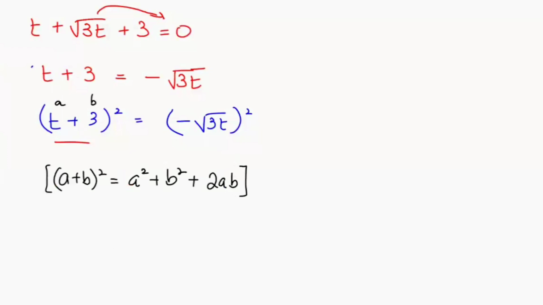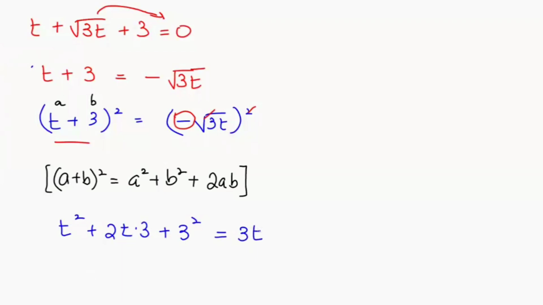And here we get t squared plus 2 times t times 3 plus 3 squared equals, as we are squaring this, we get the positive value, and the roots cancel, so we get 3t.